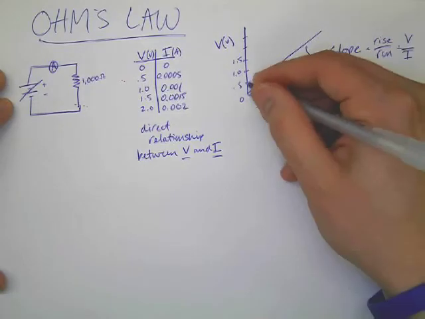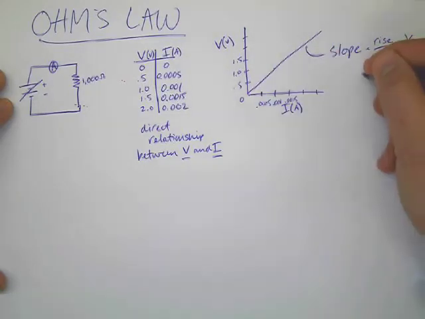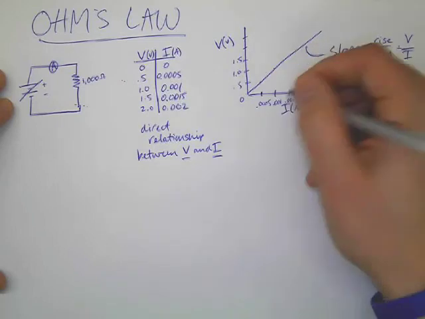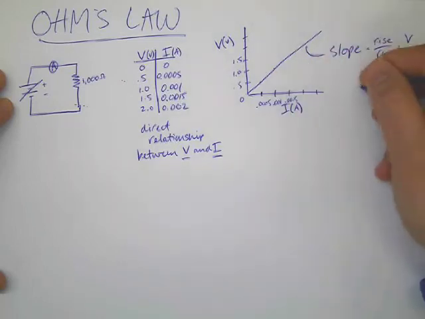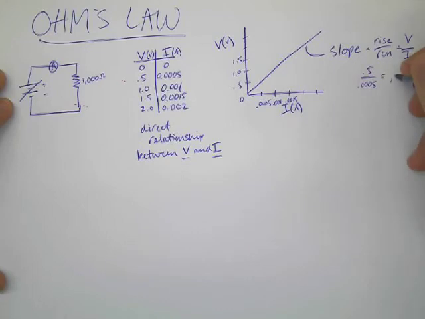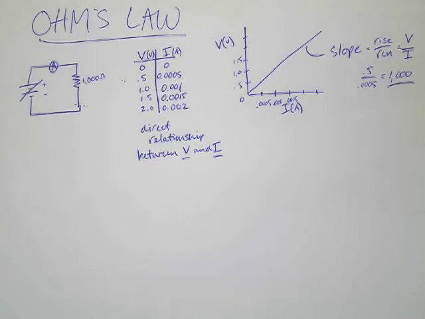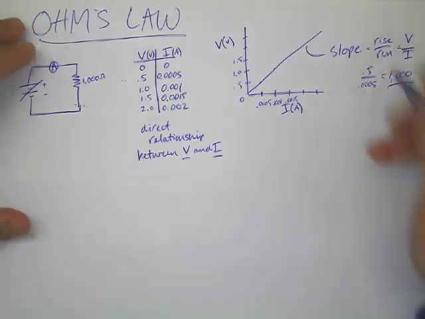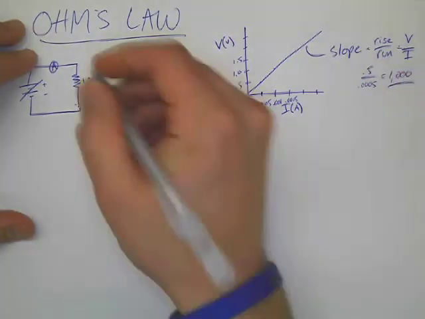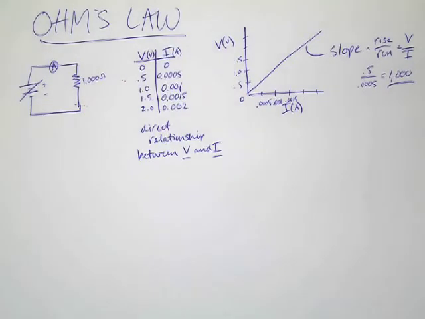If I look from here to here, I go 0 to 0.5. From here to here, I go 0 to 0.0005. And if I calculate the slope, I would get a slope of 1000. So for a 1000 ohm resistor, when I plot voltage versus current, I find the slope is 1000.